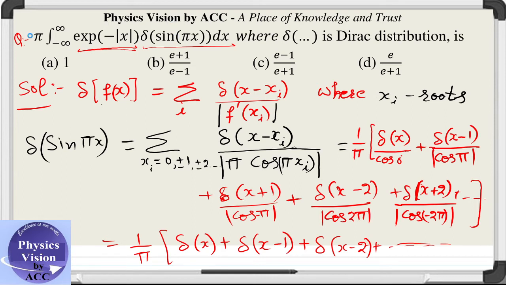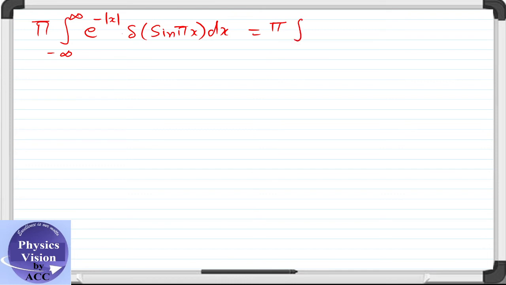Let me rewrite the integral as minus infinity to infinity of e raised to the power minus mod of x into delta function of sin pi x dx. Pi is the same outside the bracket, and e raised to the power minus mod of x is the same, but we will put the value of delta sin pi x, which is given by 1 by pi and the summation of delta functions that we have already written.